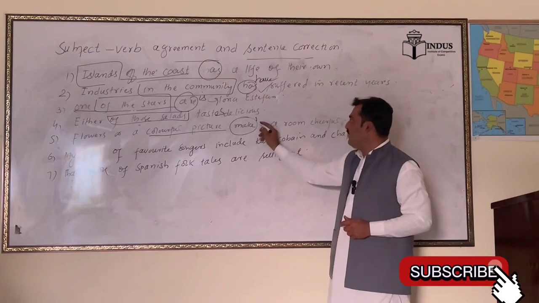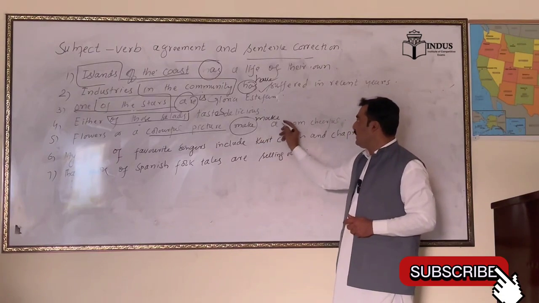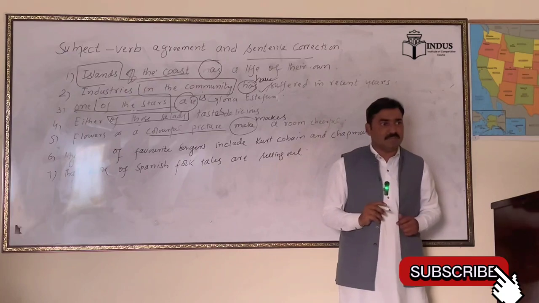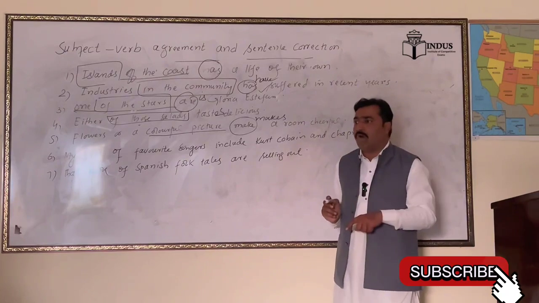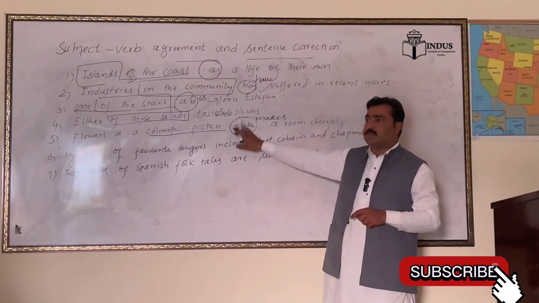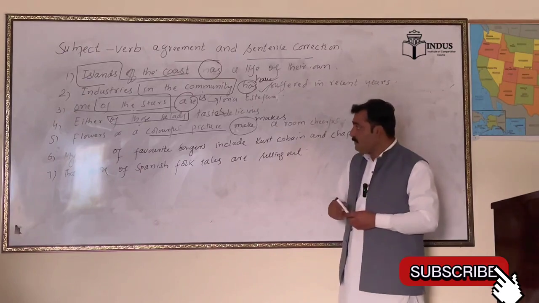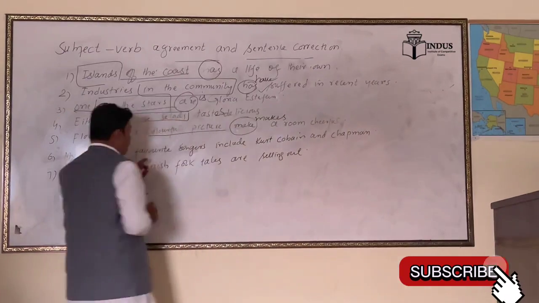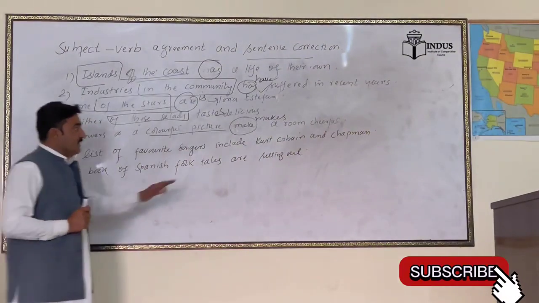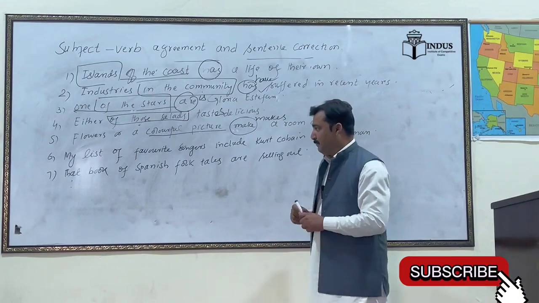So here we have a mistake. The correct one is makes, because the subject after the or is singular, so we will treat it with the singular verb. Next one, my list of favorite singers include Kurt Cobain and Chapman.